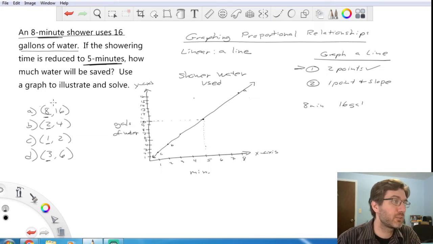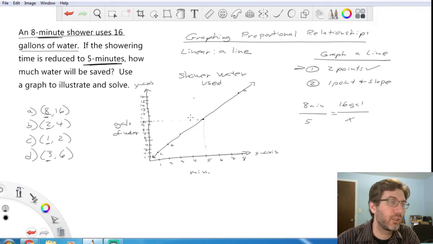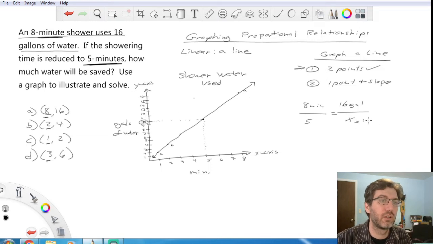And that makes sense because if you were to do this proportion-wise, right, 8 minutes to 16 gallons, 5 minutes to X gallons, what is X? Here, X equals 10. So in 8 minutes, we have 16 gallons.